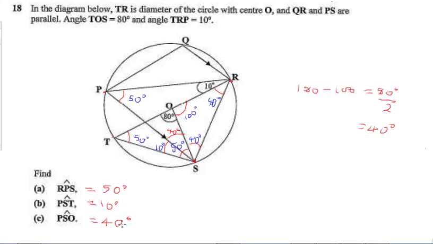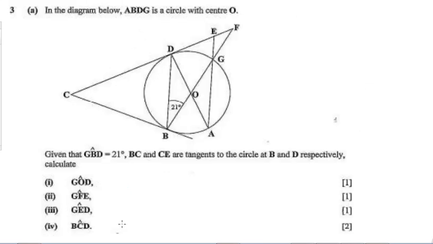So let's look at a different question and see how it can also be manipulated and worked upon to give us the solutions. This question is from the 2016 paper, paper 2. The question says, in the diagram below, ABDG is a circle with center O, with the center at O there.